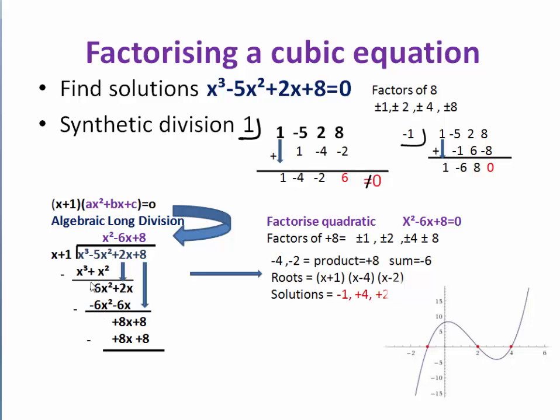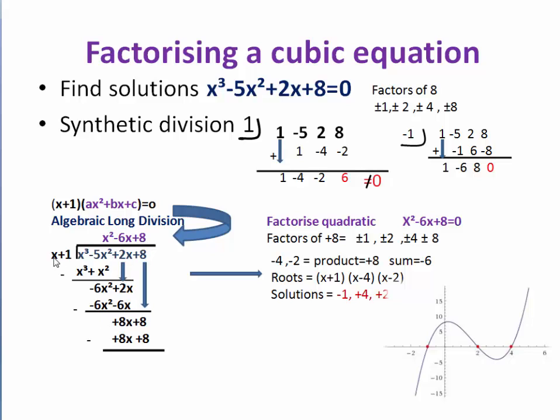Let's subtract those two. Put a line, write the answer underneath. Minus 6x squared minus minus 6x squared cancels out, so leave that blank. Plus 2x minus minus 6x becomes a plus, so this becomes 8x. Bring the plus 8 down.